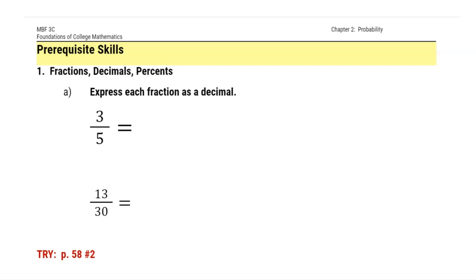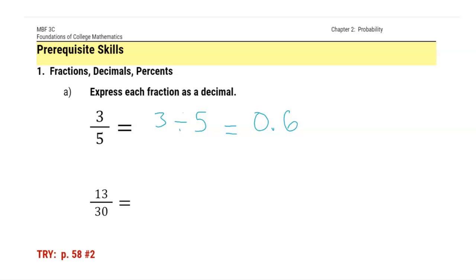So 3 out of 5 really means 3 divided by 5. To express our fraction as a decimal, all we need to do is take that 3 and divide it by 5. And what we should get is 0.6.